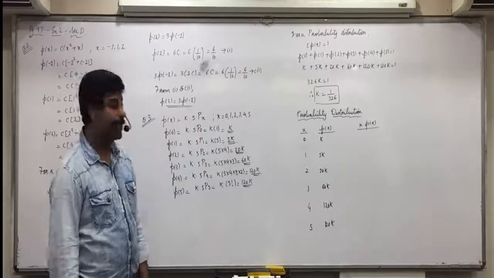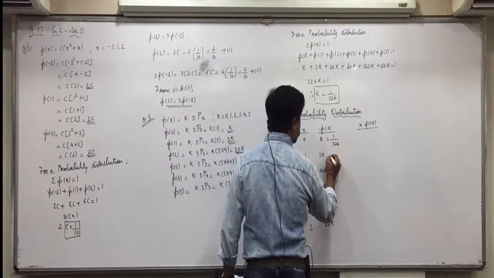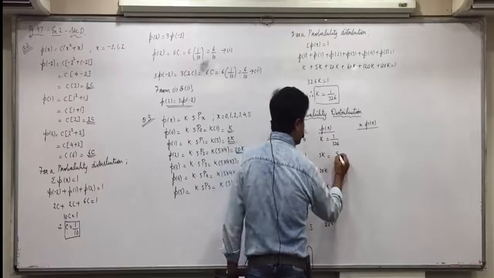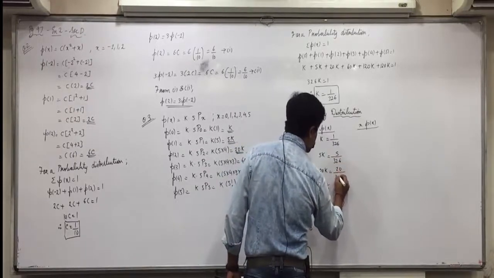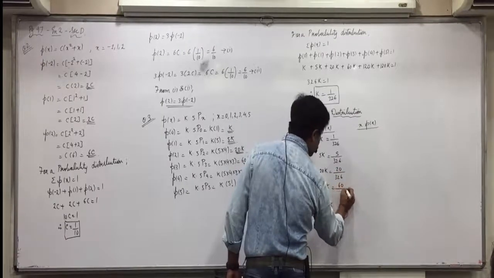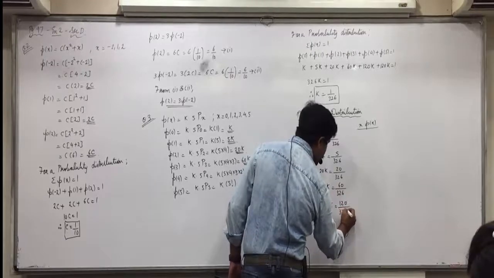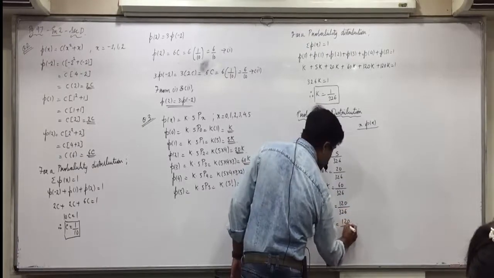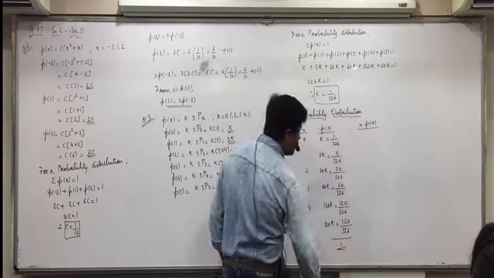K means 1 by 326. 5 into 1 by 326, 5 by 326. Then 20 by 326, 60 by 326, 120 by 326, again 120 by 326, and total comes to 1.